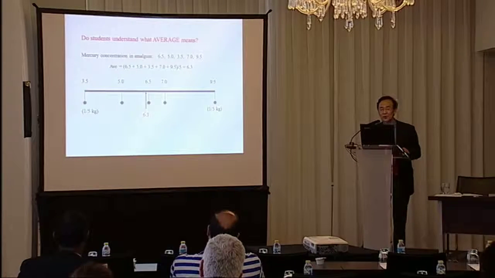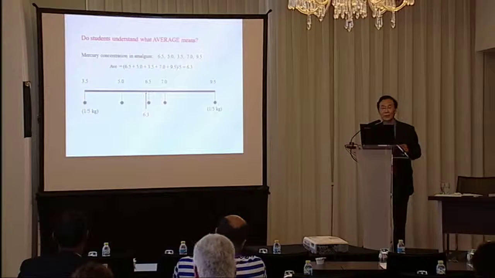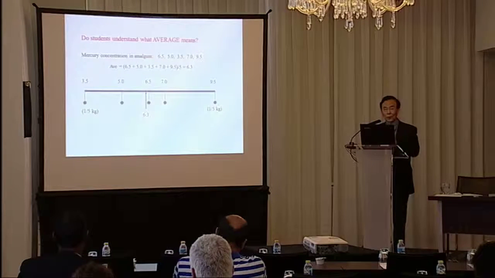Now, suppose you have a stick that has a uniform mass density throughout. The left-hand point is marked with the smallest value, 3.5. The right-hand point of the stick is marked with the largest data point, which is 9.5. And the 3 intermediary values are appropriately scaled.